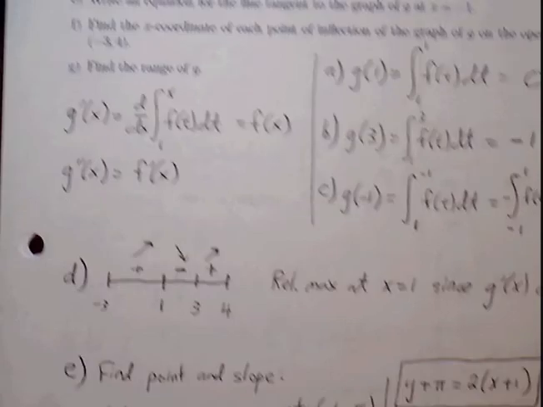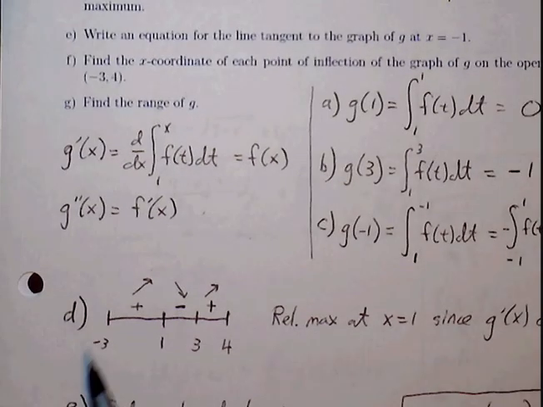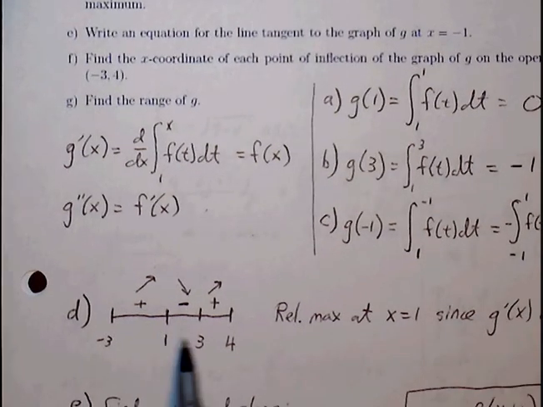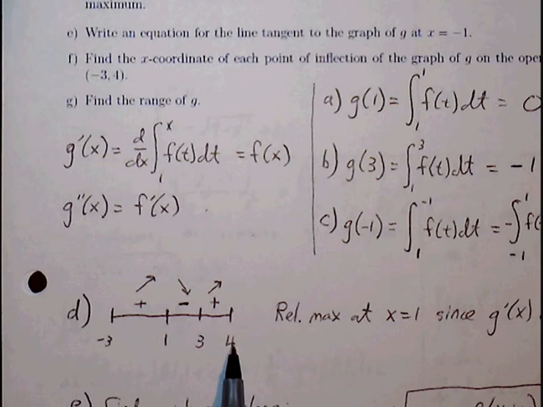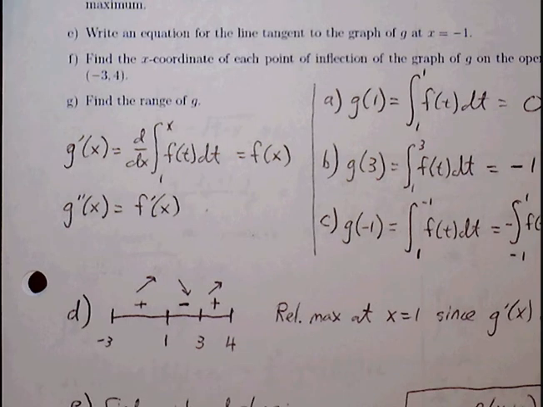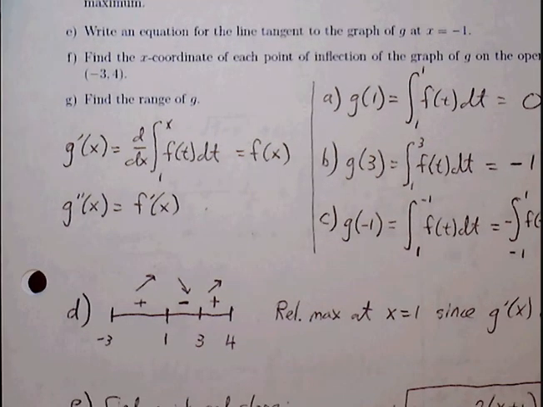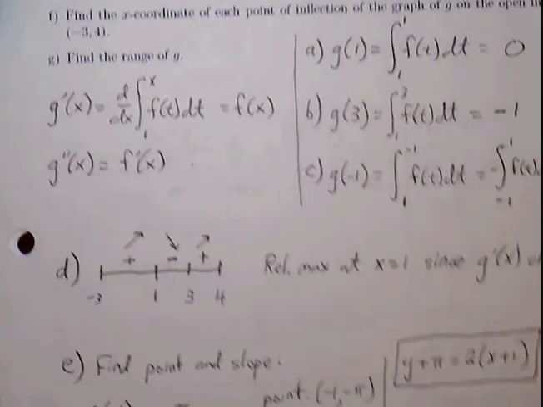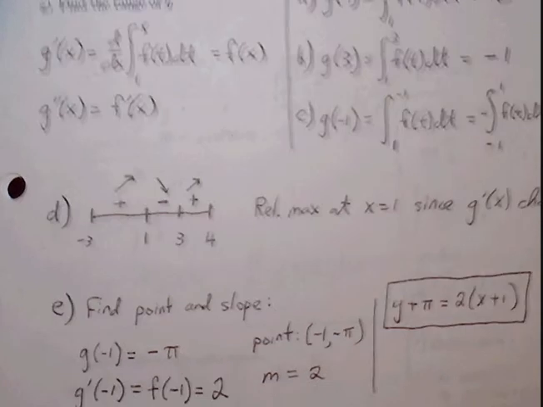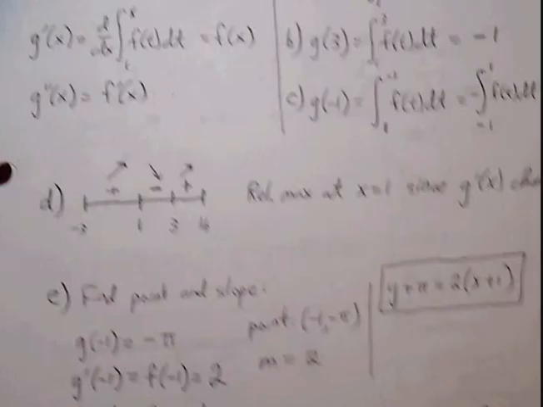Our critical points from our sign line from part D are at 1 and 3, and our endpoints are at -3 and 4. So we basically just have to find the y values at each of these x values. Whatever the lowest value is will be the lowest y value for our range, and the highest will be the highest y value for our range.